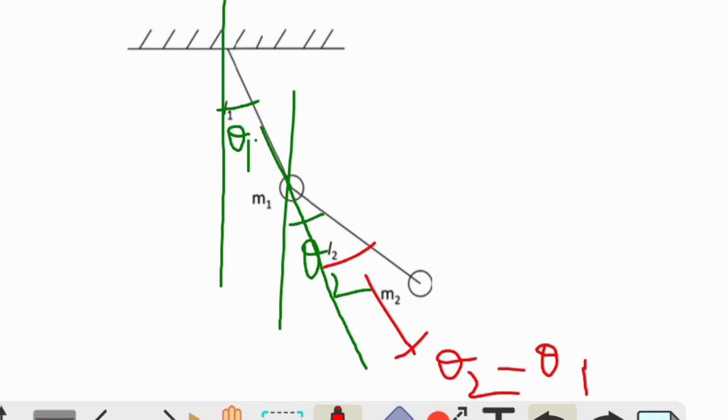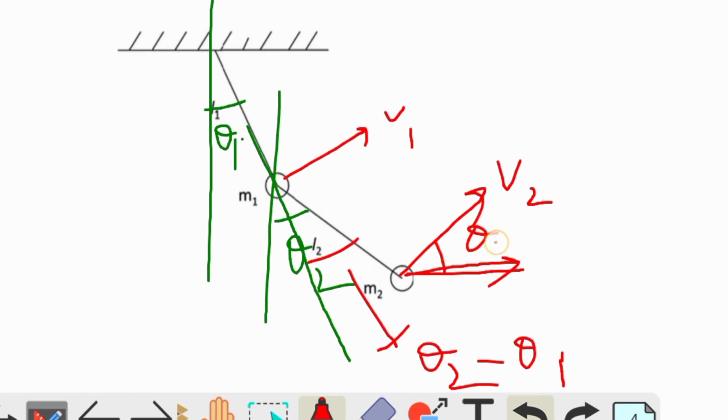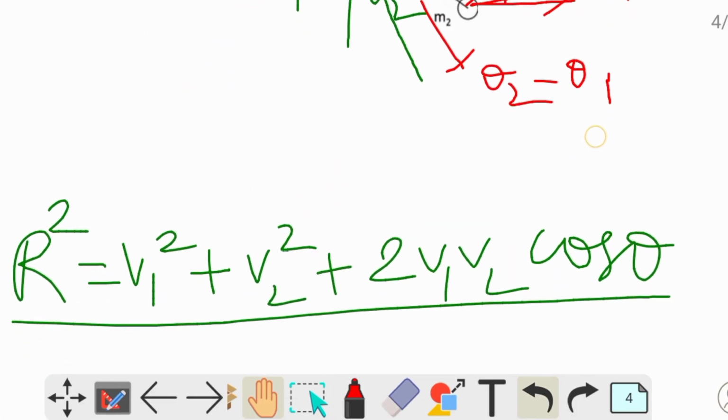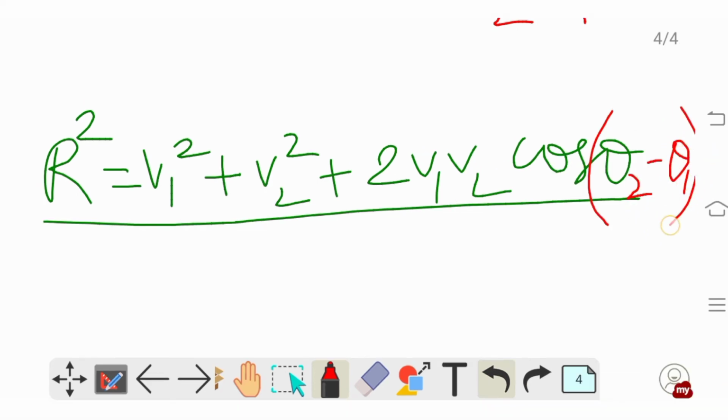Let us suppose this pendulum has velocity v2 and this pendulum has velocity v1. The angle between these two velocities is also theta 2 minus theta 1, so instead of cos theta we get cos of theta 2 minus theta 1 in the resultant.